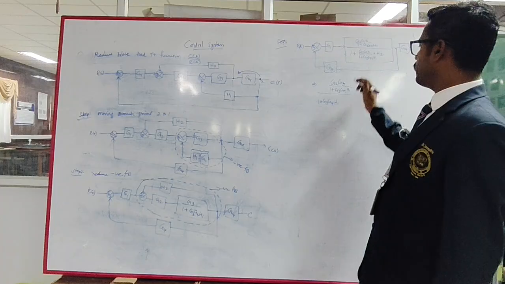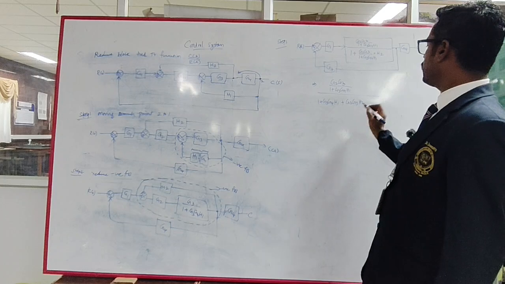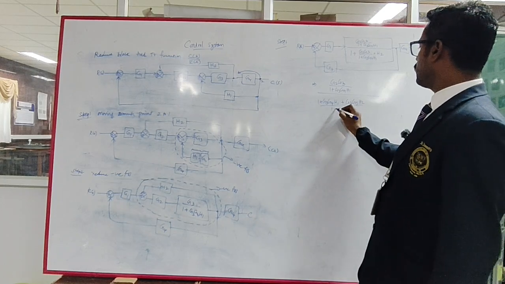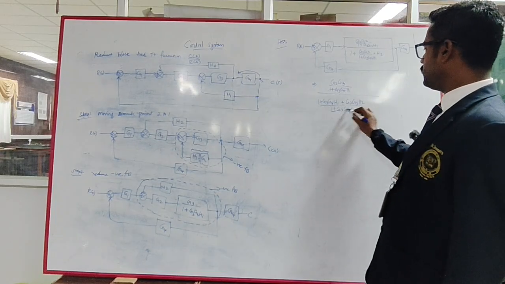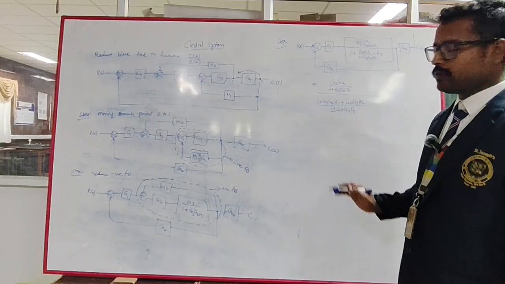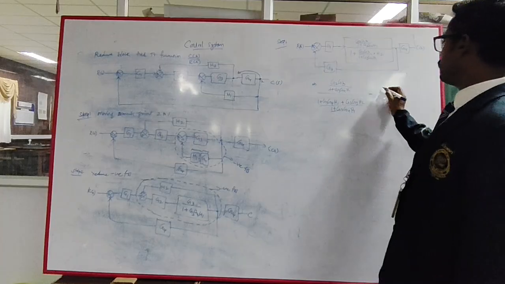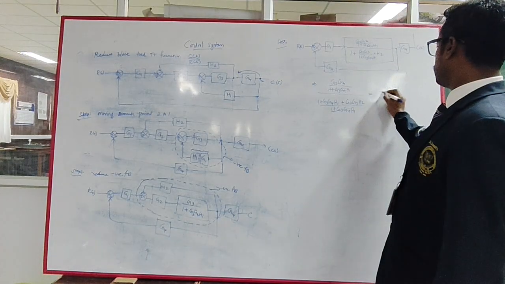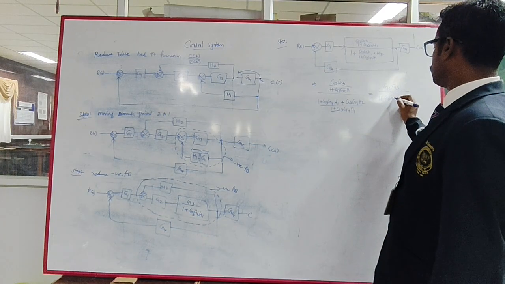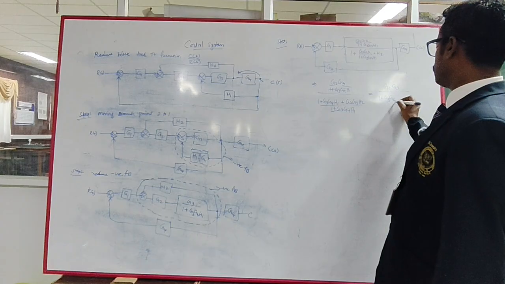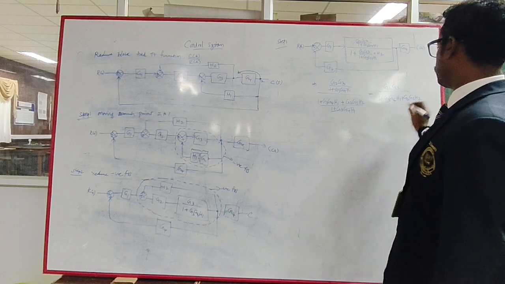So it will be multiplied here, plus G2 G3 H2, the whole divided by 1 plus G3 G4 H1. So this denominator and this denominator will get cancelled. Is it clear now? You just have to take the LCM, and then you will get G2 G3 divided by 1 plus G3 G4 H1 plus G2 G3 H2.